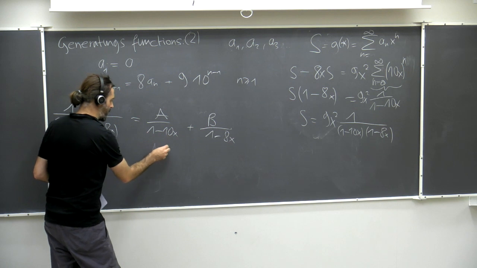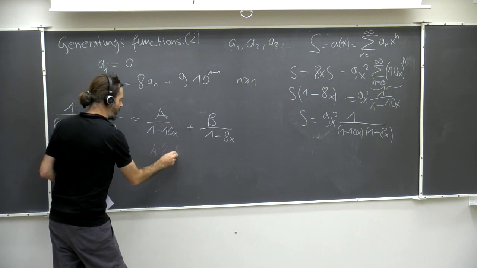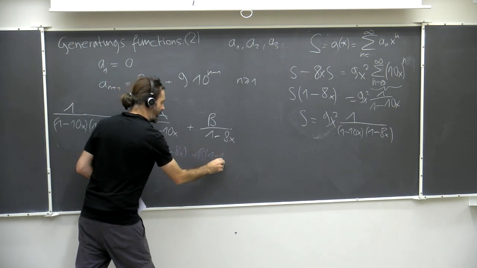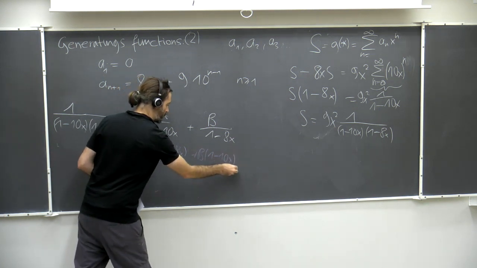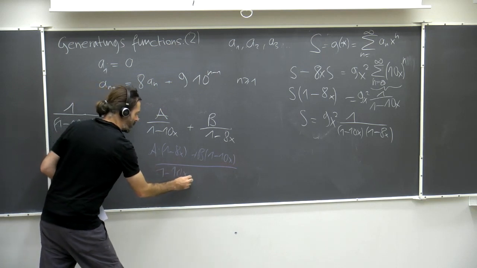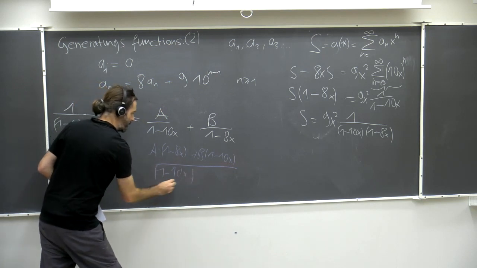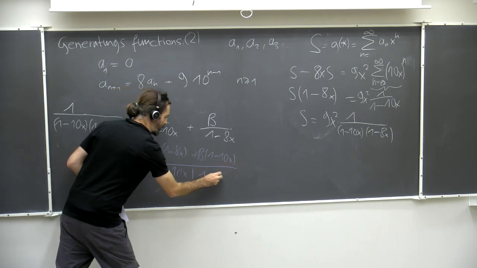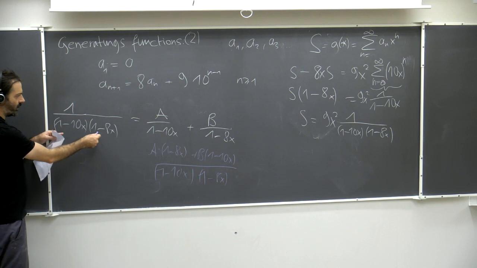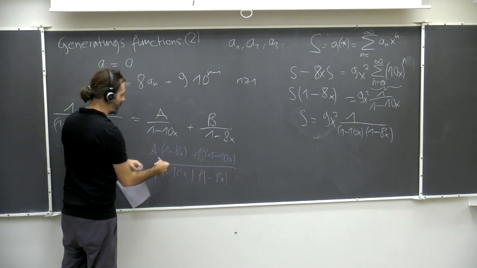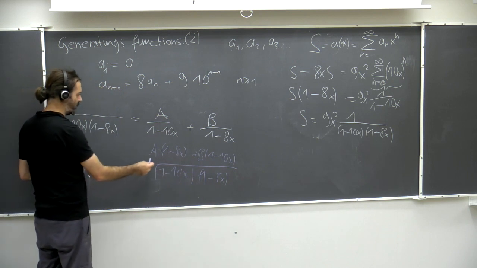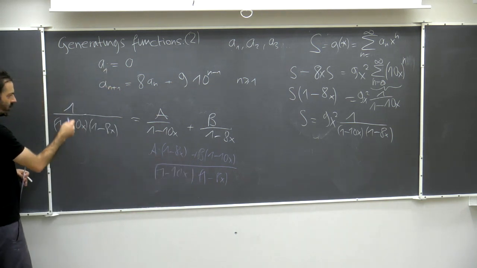So you would take a times 1 minus 8x plus b times 1 minus 10x, and then you get 1 minus 10x times 1 minus 8x in the denominator. So the denominators are right. And then you can see that you just have to solve this equation in order to get the constants.